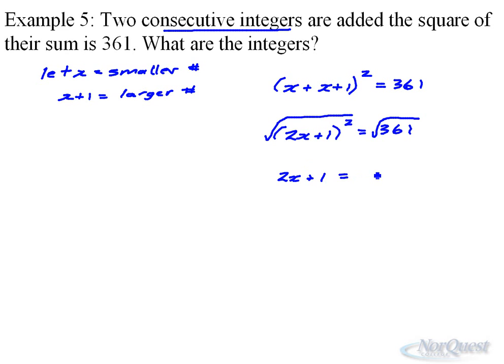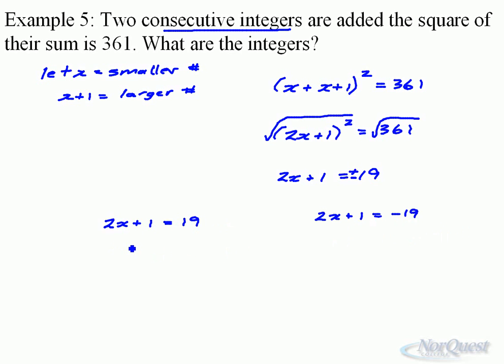The square root of 361 is 19. Plus or minus, there's always two answers when you take the square root of a number. So if we were to solve this, then we get 2x plus 1 equals positive 19, and 2x plus 1 equals negative 19.